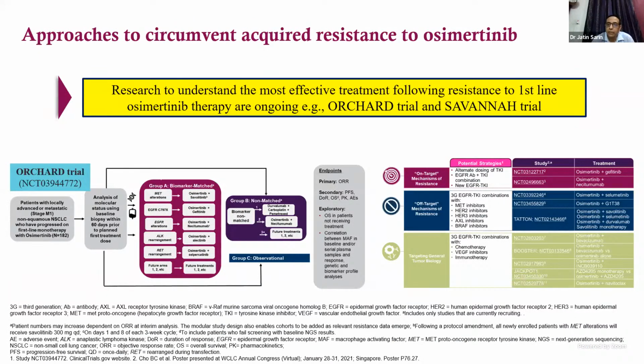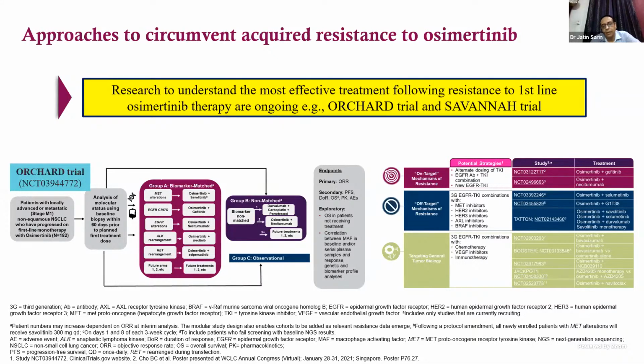Now people argue, what after osimertinib? So now there are various studies coming up, and the resistance mechanisms post osimertinib have been identified, and newer agents are coming up, like combinations with MET inhibitors. There are some mutations like C797S in which you can switch over, or add to osimertinib, gefitinib.